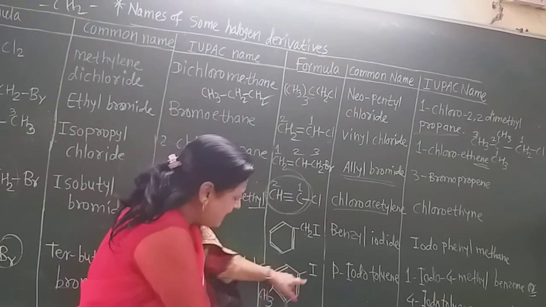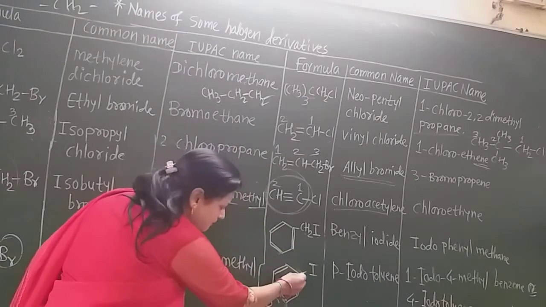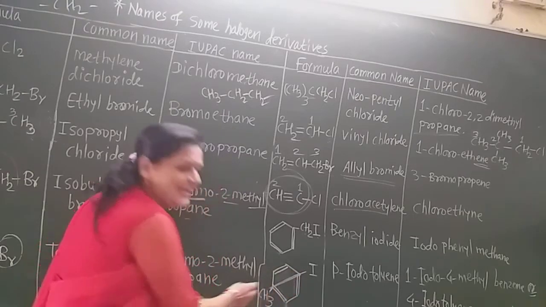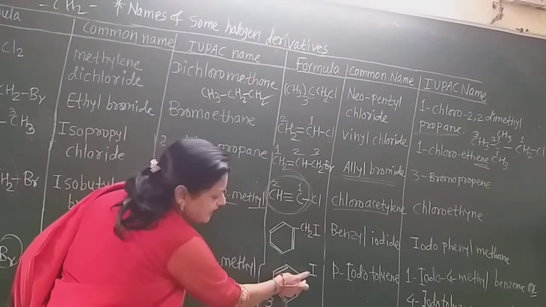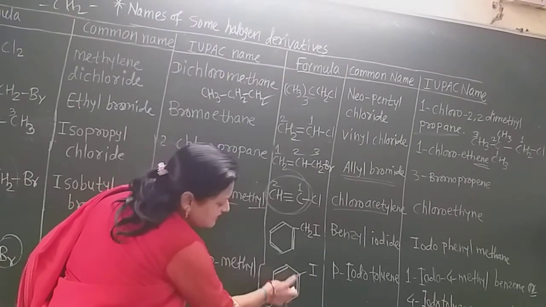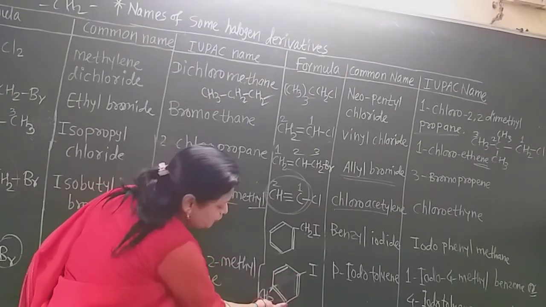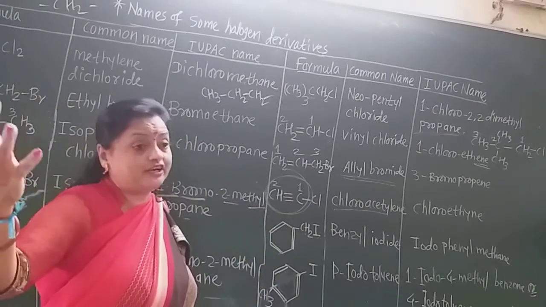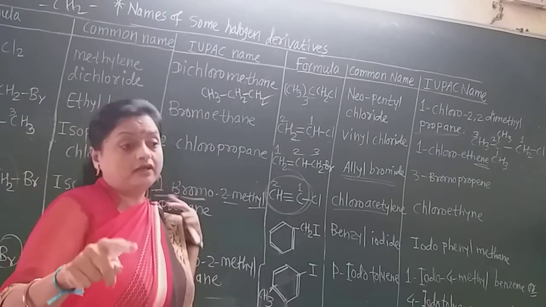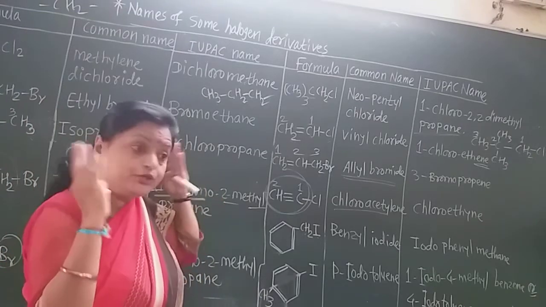So it is para iodo. Why para? Because at 180 degrees they are attached to each other. Suppose here is the iodine. These are two ortho positions. These two are meta positions. This is para. I told you in the 11th standard, so learn that chapter again and then you can understand this.